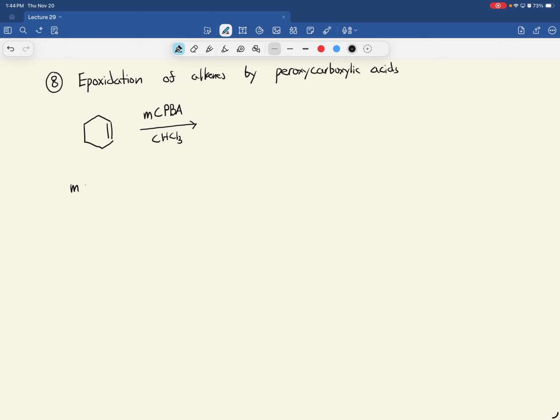So MCPBA stands for meta-chloroperoxybenzoic acid. So here, meta means your chlorine is in the 3rd position, and your acid group automatically gets the 1 position because of the carbonyl. And it's like a hydrogen peroxide reacted with acetic acid. That's called a peroxy acid.